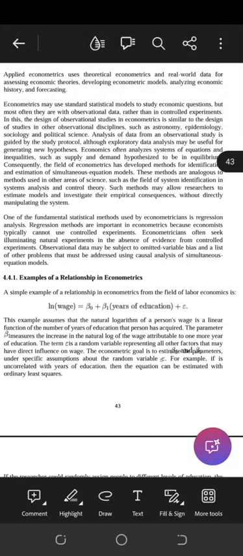So unlike the way scientists work in a controlled laboratory, it is not like that. Observational data means you need to observe people to get data from them. So the design of observational studies in econometrics is similar to the design of studies in observational disciplines such as whatever, whatever. Now, analysis of data from an observational study is guided by the study protocol. I need to go here.